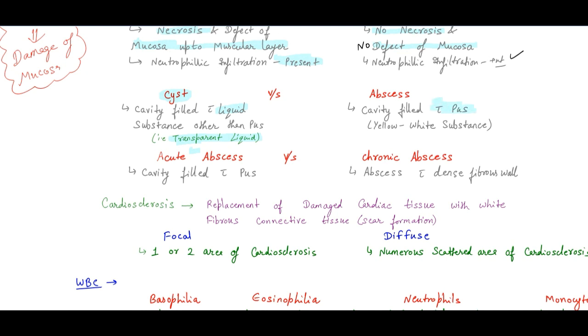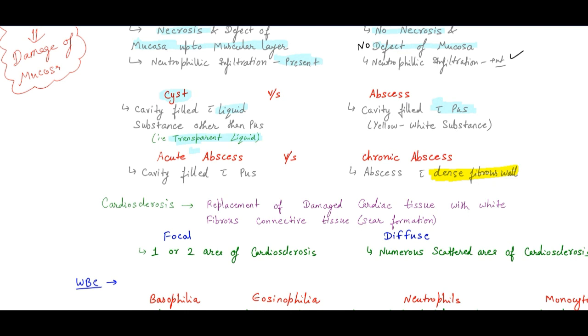An abscess can be acute or chronic. Chronic means there will be a dense fibrous wall. An acute abscess means a cavity filled with pus with no dense wall.